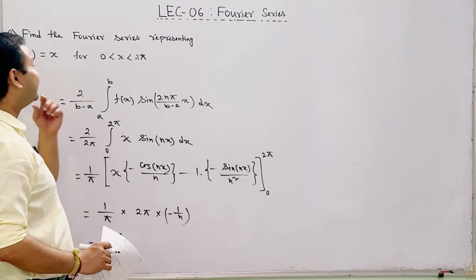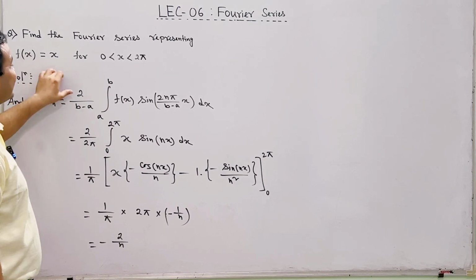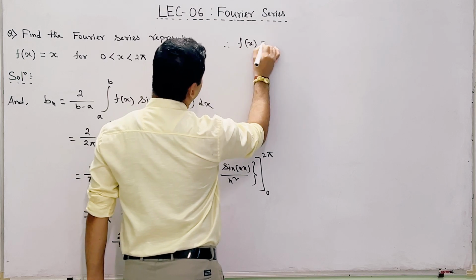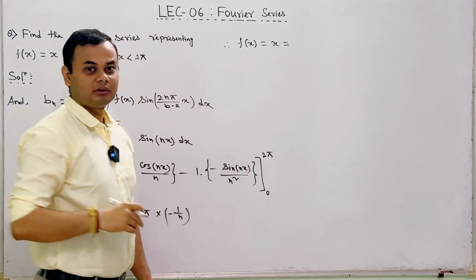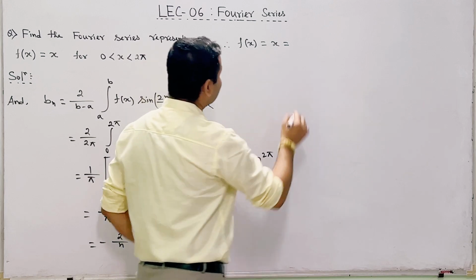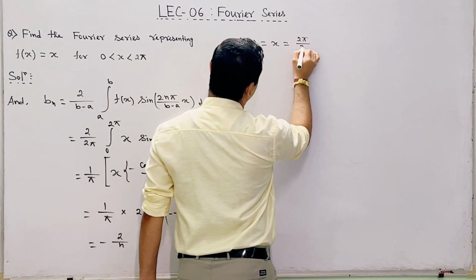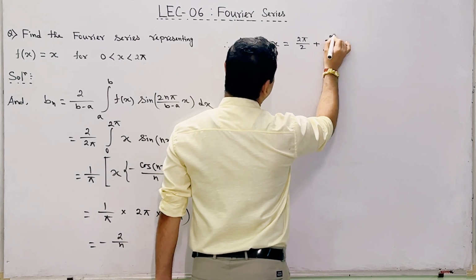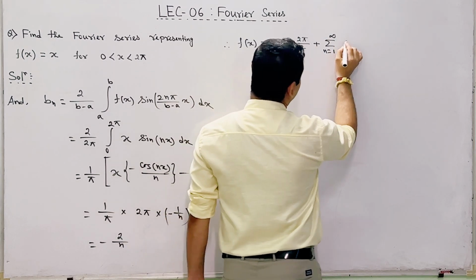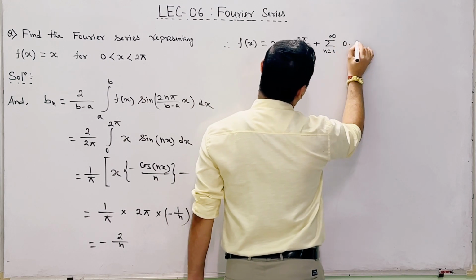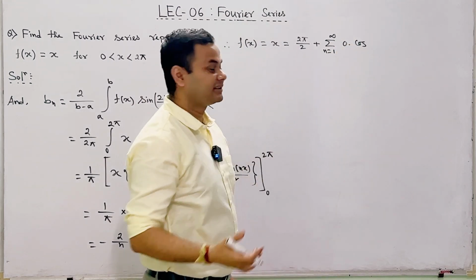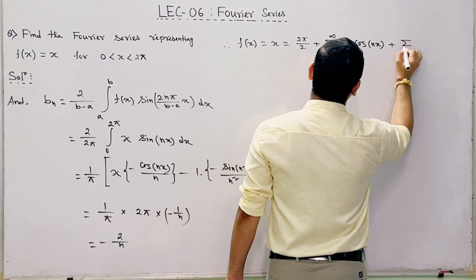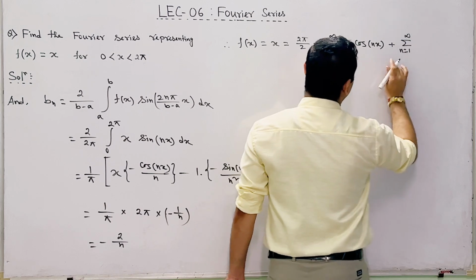Therefore, the Fourier series expansion of the function f of x equal to x in the interval 0 to 2 pi is given by f of x equal to x equal to a naught by 2. We get the value of a naught as twice pi. So, twice pi divided by 2 plus summation n goes from 1 to infinity a n. We get the value of a n as 0. 0 into cos nx plus summation n goes from 1 to infinity bn.